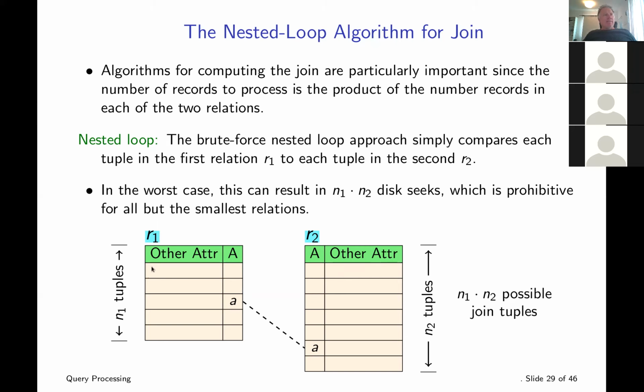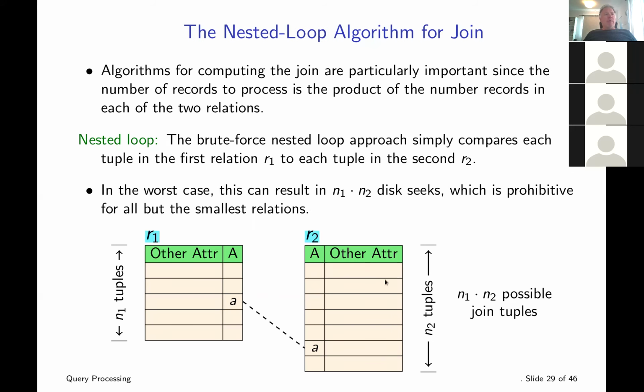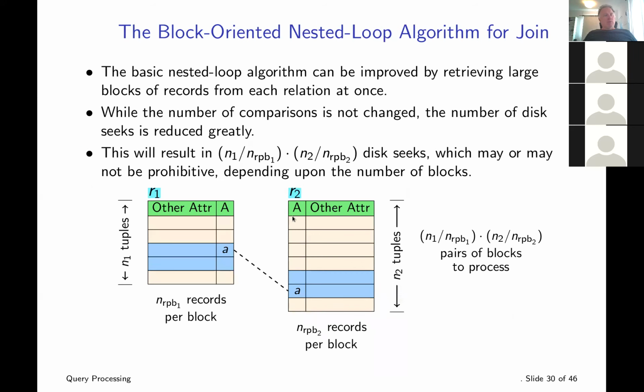What you would do instead is you would do it as a block. This is the worst case scenario for a join. Well, this actually is the worst case, but no one would be that stupid to implement it this way. We have a certain number of blocks that R1 occupies, and a certain number of blocks that R2 occupies.